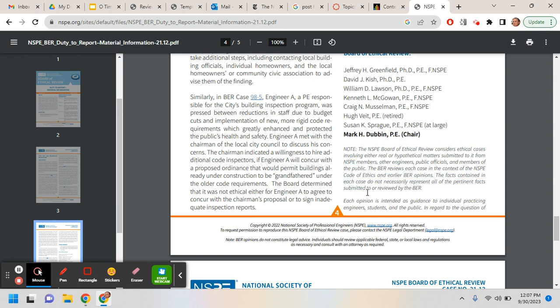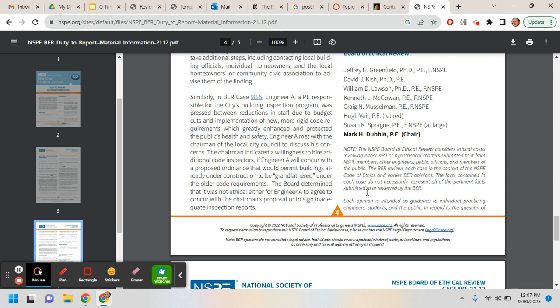Note, the NSPE Board of Ethical Review considers ethical cases involving either real or hypothetical matters submitted to it from NSPE members, other engineers, public officials, and members of the public. So what that tells you is that these cases are semi-fictional. That is, the facts are not actually word for word accounts of things that actually happened as they happened.